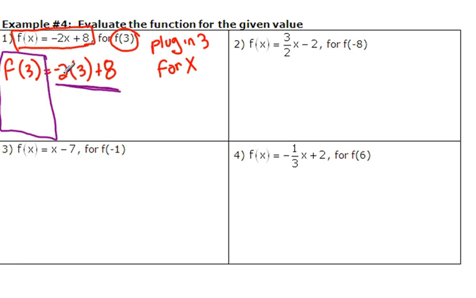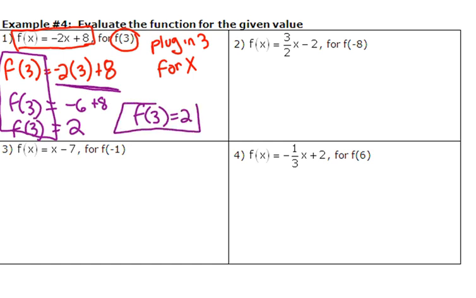So I would take negative 2 times 3, which is negative 6, and then do negative 6 plus 8, which is positive 2. How I write my answer is I show that f of 3 equals 2. So my final answer is f of 3 equals 2.